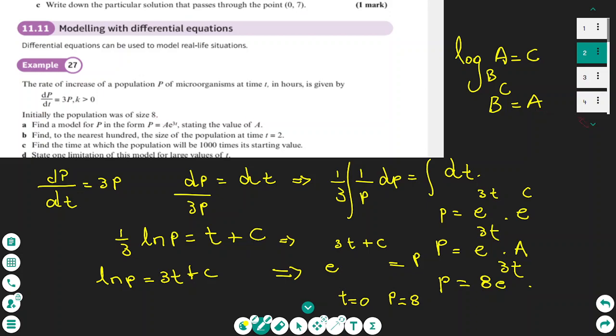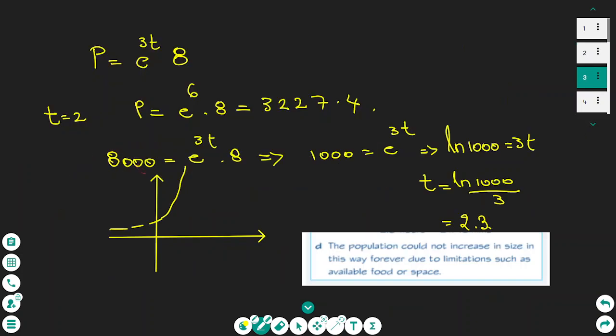So I need a population of 8,000. By solving the exponential equation, taking the ln on both sides, it's possible to find the value of t. Therefore ln 1000 = 3t, so t = ln 1000 over 3, and therefore t = 2.3. I take the ln on both sides because I have the exponential.